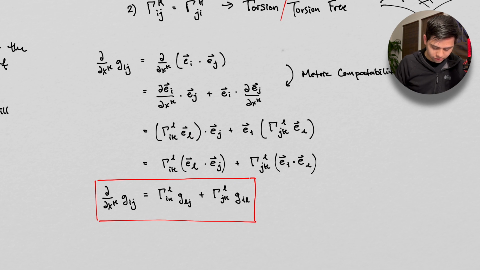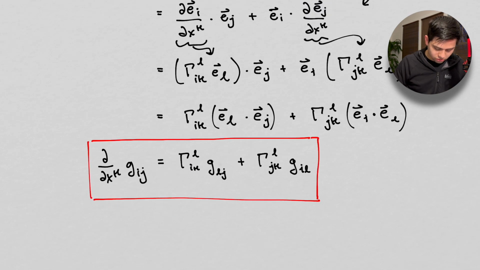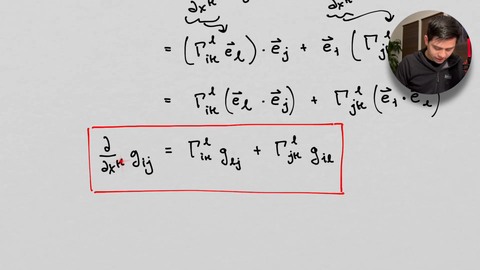This whole thing right here is this. This whole thing right here is this. And then we can take the inner product of these two guys, and we get this. So notice a pattern here. We have K, K, K, I, J, I, J, I, and J, and then summing over L's.